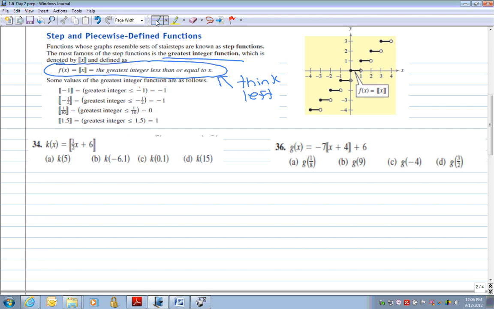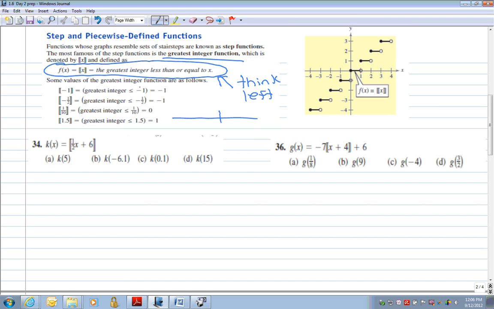Let's think about the next one. This says 1/10. So imagine on the number line you're at 1/10. Think to the left. The next integer to the left would be 0, and 0 would be my answer. And then finally, this last example is at 1.5.